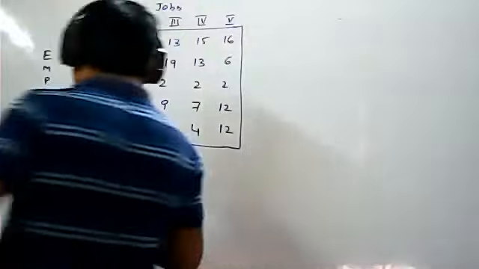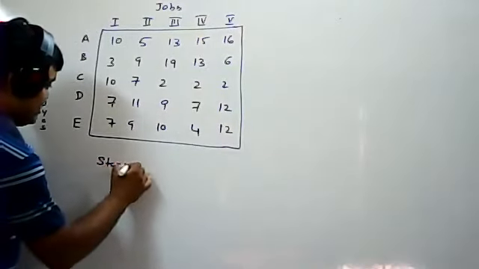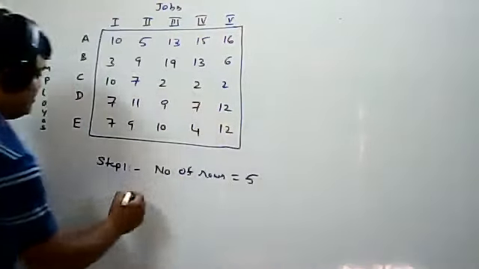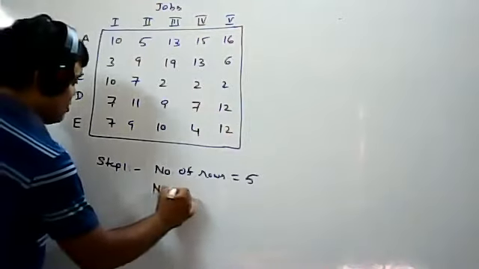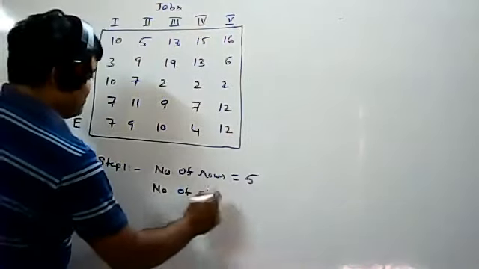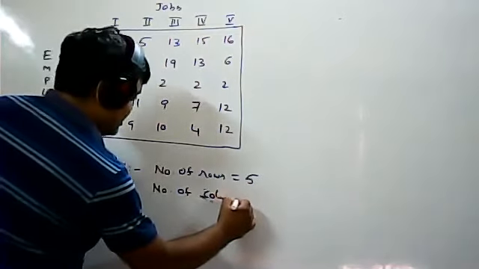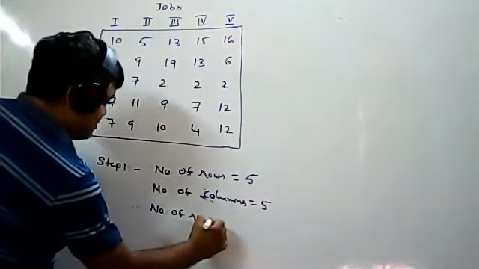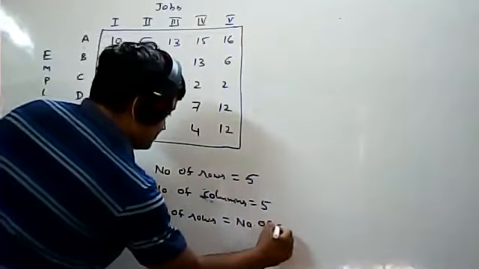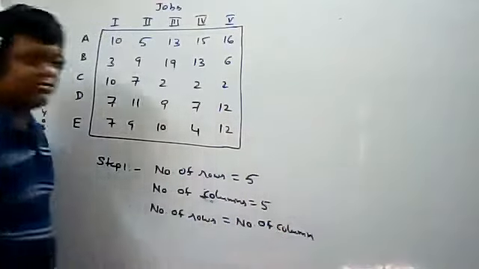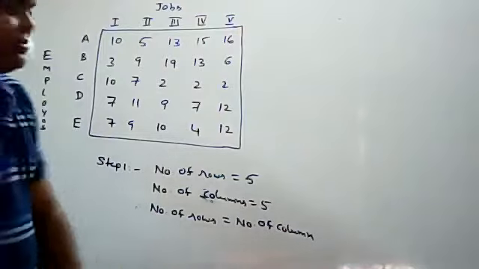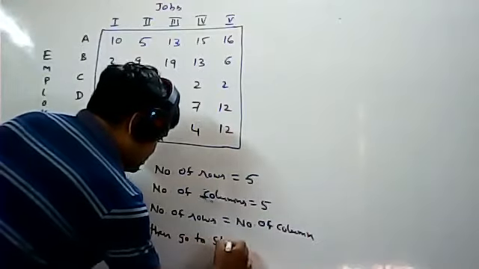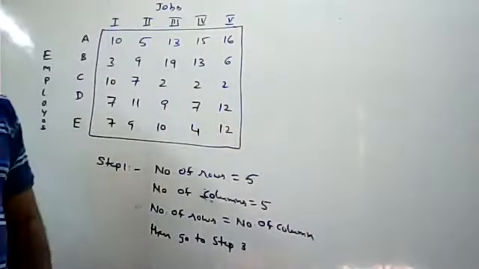So step number 1: the number of rows is 5, 5 employees have been considered, and the number of columns is 5. Therefore, the number of rows is equal to the number of columns. If the number of rows is equivalent to the number of columns, then you can directly go to step number 3.